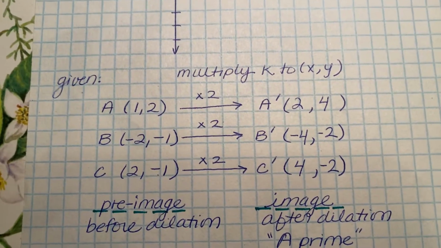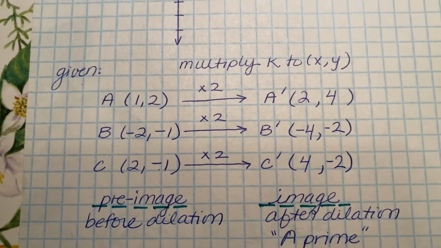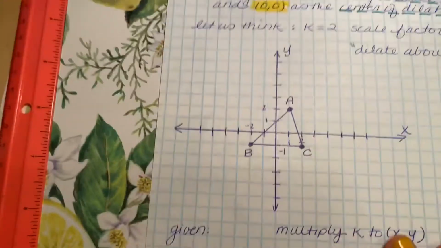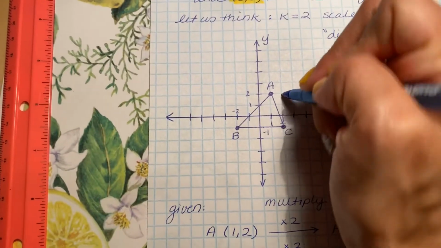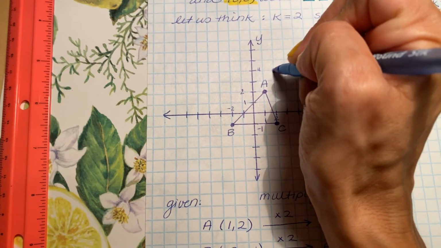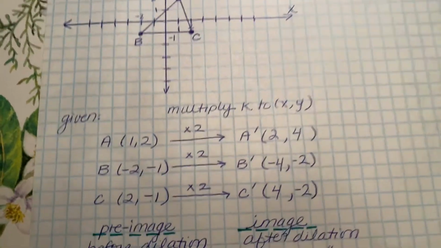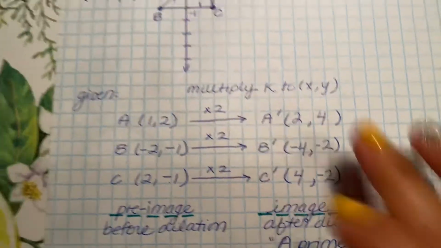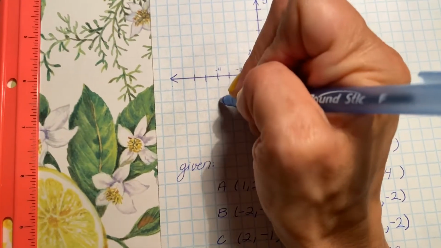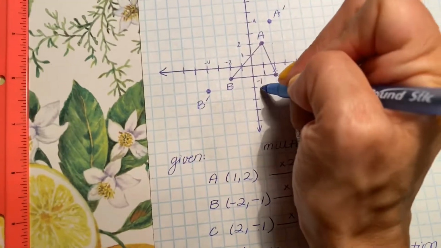Okay, and then I'm going to use markers and I'm going to use a ruler, but it's pretty straightforward that way. Okay, A prime is 2, 4. So 2, 1, 2, 3, 4, right? Yeah, A prime. B prime is -4, -2. Yeah, that's -2.